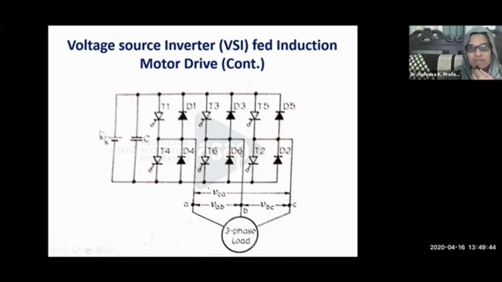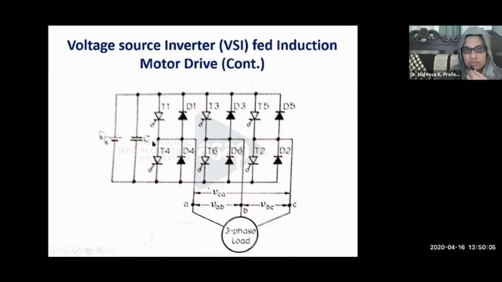We have 3 positive thyristors, T1, T3 and T5, called top or positive group thyristors, and 3 bottom or negative group thyristors, T4, T6 and T2. And these are the feedback diodes.